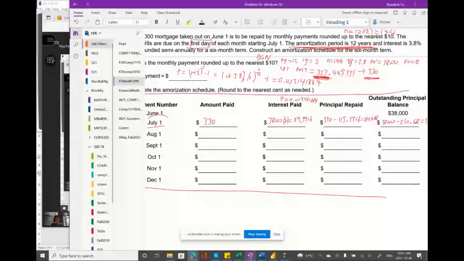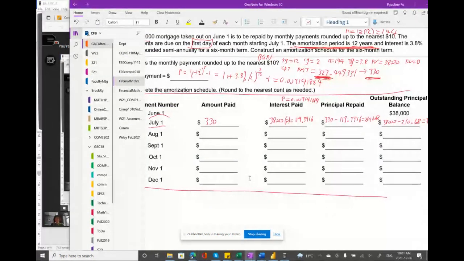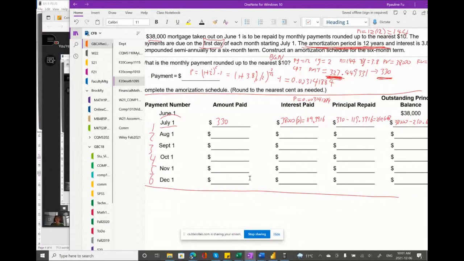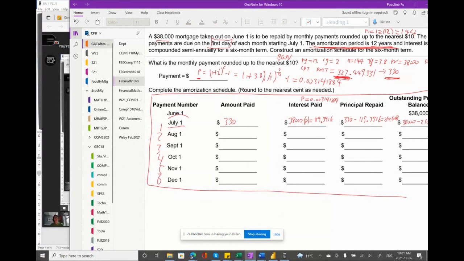Because the table is already constructed, I will just base it on this table. To calculate this, the first step, you need to calculate the equivalent rate per payment period, P. Remember, when you have PY not equal to CY, you need to calculate P as the equivalent rate per payment.